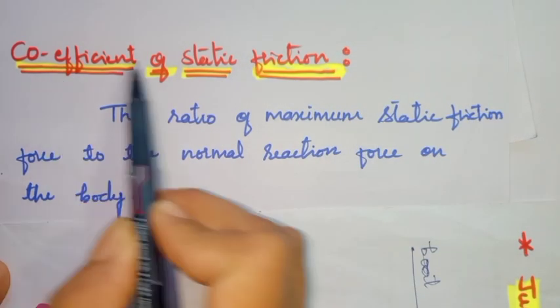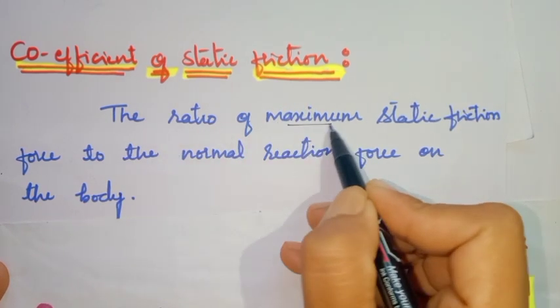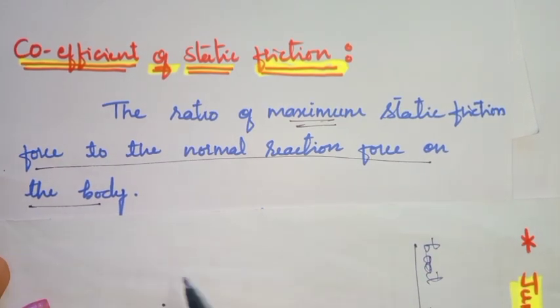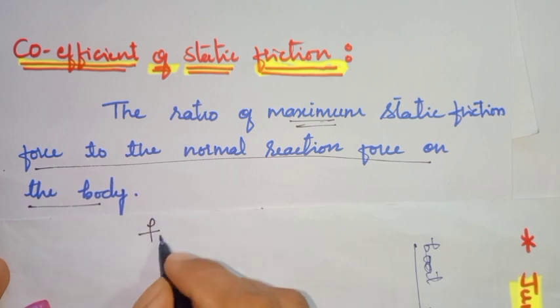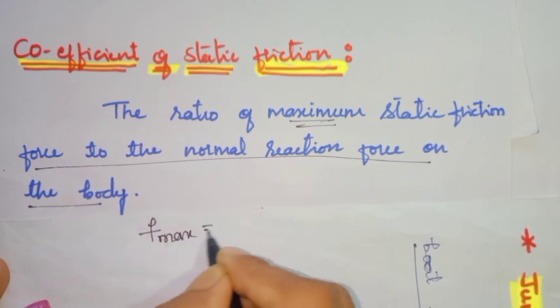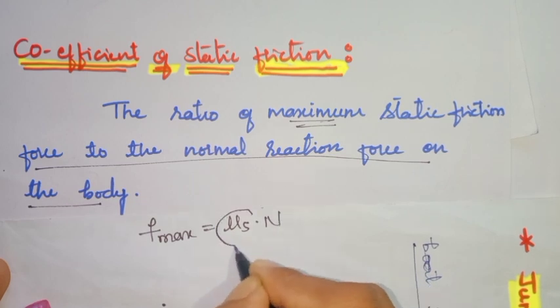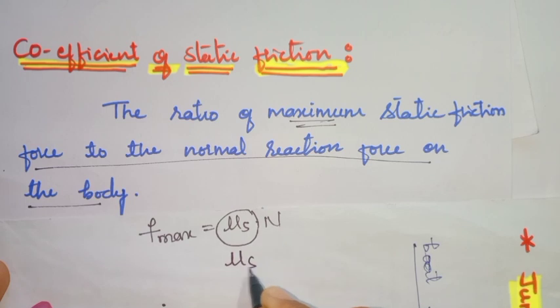Just remember this formula, F max is equal to mu S into N. To get the definition of mu S, keep mu S there itself and send N to the denominator of F max.